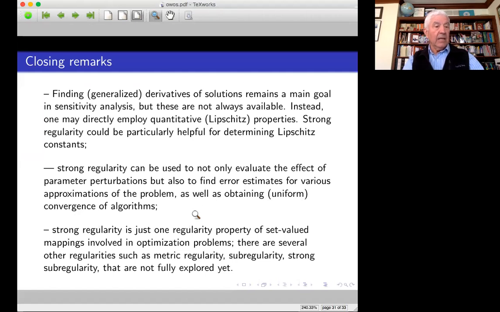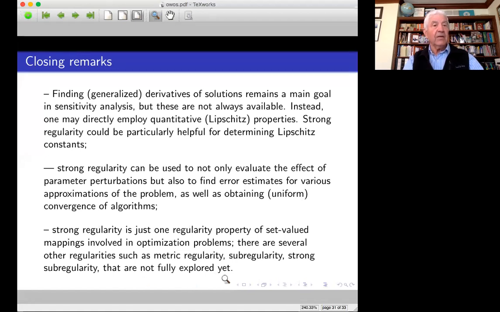And finally, strong regularity is just one regularity property of mappings involved in optimization problems. There are several other regularities which are less developed, but not less important, such as metric regularity, subregularity, strong subregularity, semi-regularity, and they're not fully exploited yet.